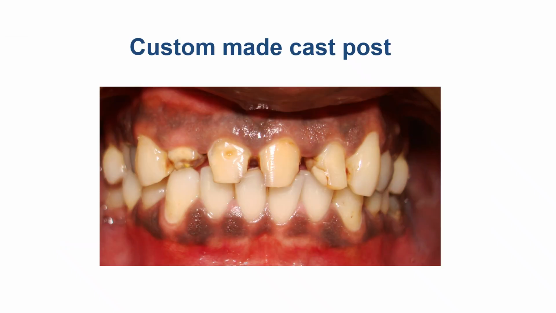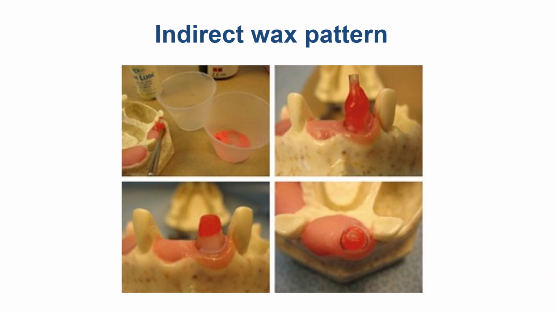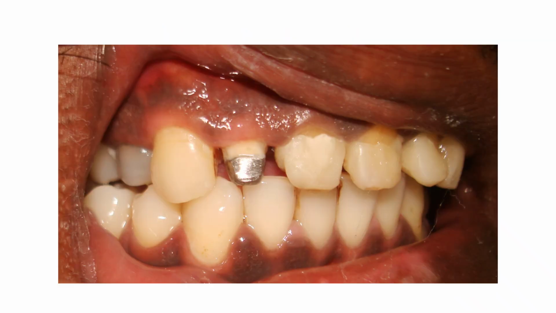So sometimes we also make a cast post or a custom made post. For this we make a direct wax pattern for the post, or we can also make an indirect wax pattern by making an impression. This cast post is then cast using an alloy. Conventionally we use the nickel chromium or the cobalt chromium alloy to cast this, and then the casting is seated using a glass ionomer cement.